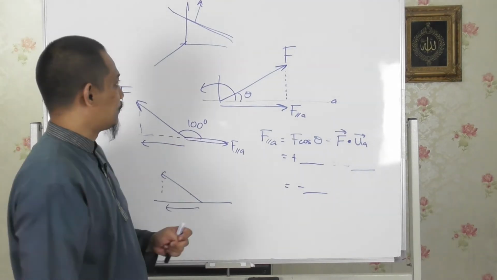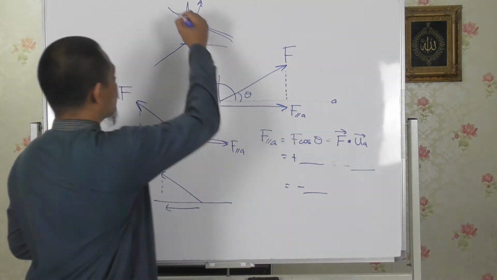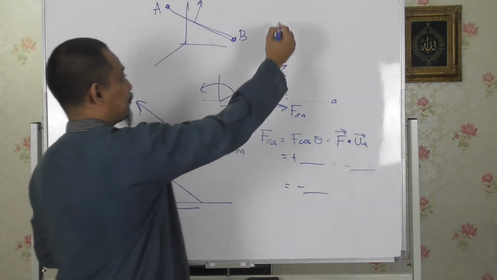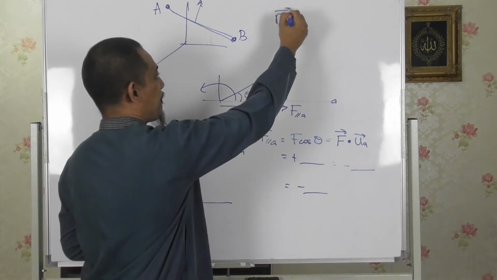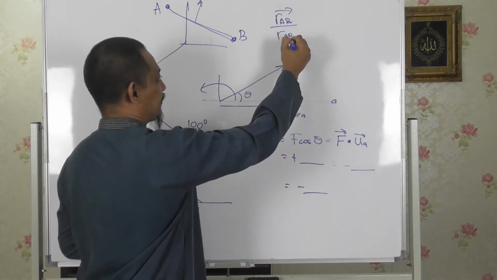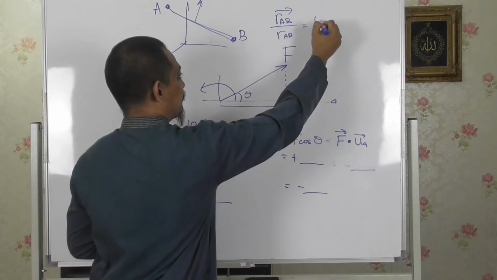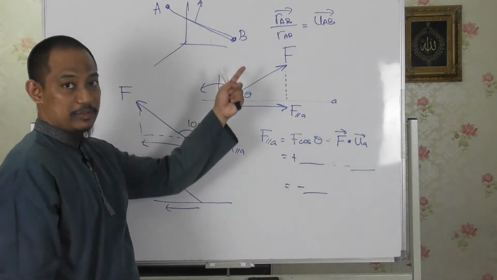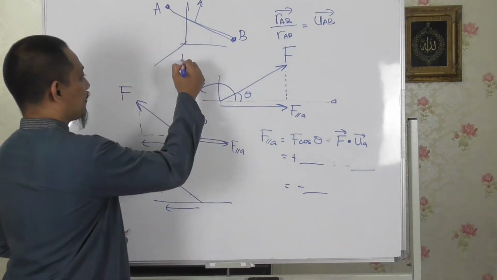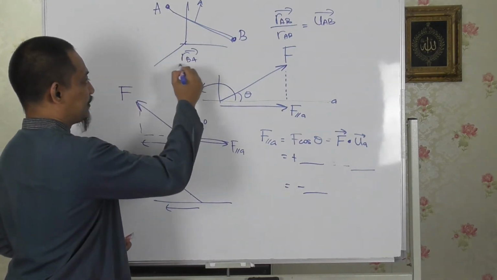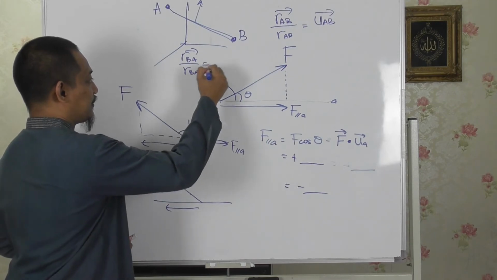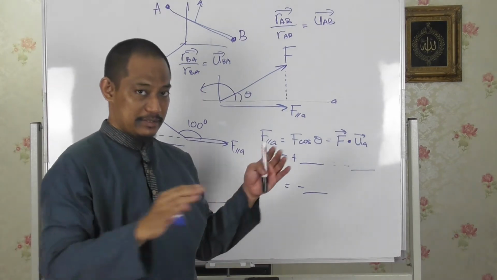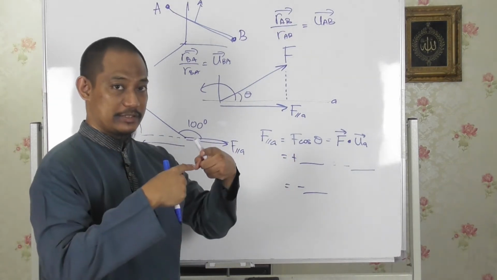Say this is A, B. If you use RAB divided by its magnitude, meaning the vector divided by magnitude, you get UAB, which defines the unit vector from A to B. But if you use RBA divided by its magnitude, you get the unit vector BA. It still describes the same line, the same axis, but in the opposite direction.